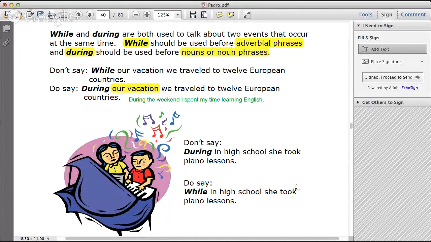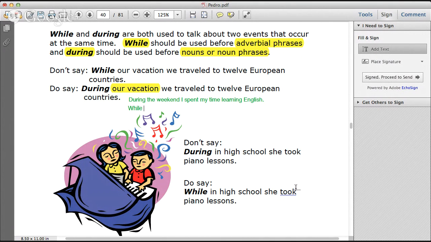Give me a sentence with while. While in work time, I need to be focused. We don't say while in work time. You could say while working.